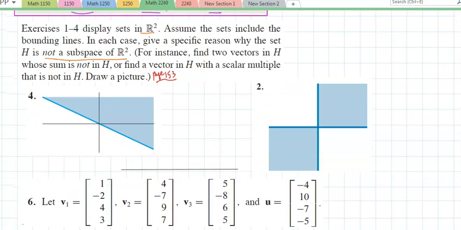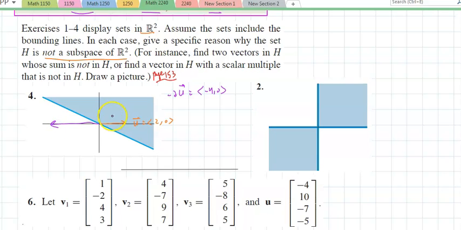So one way of doing this, again, you could do this so many different ways. You could say, take U to be 2, 0. If I take -2 times U, that would be -4, 0. -4, 0 is not in the set.